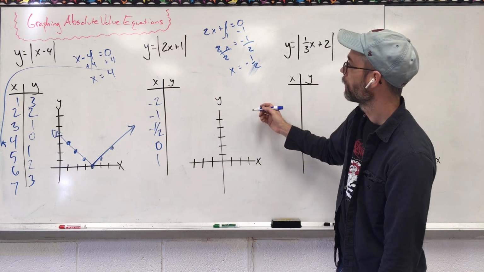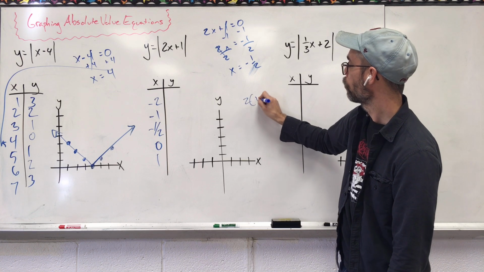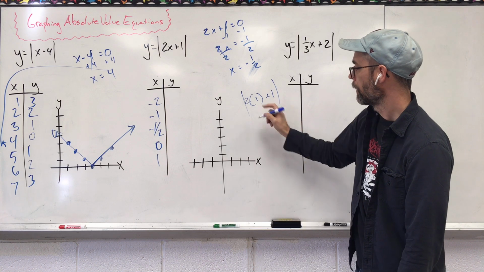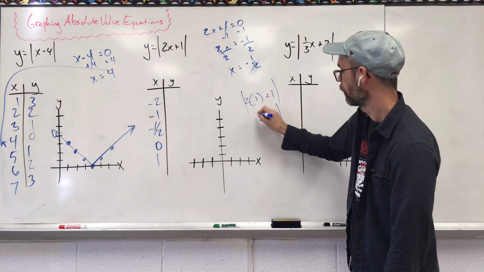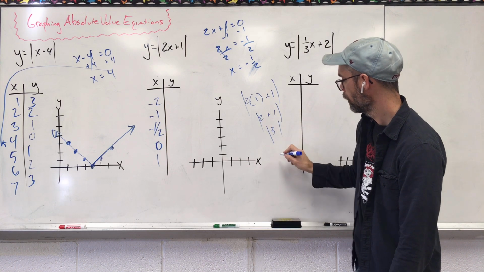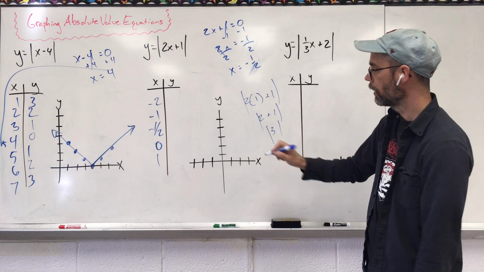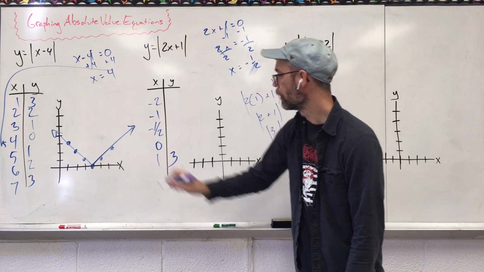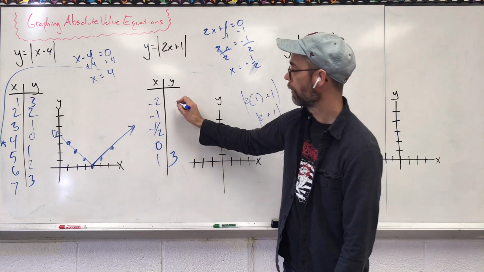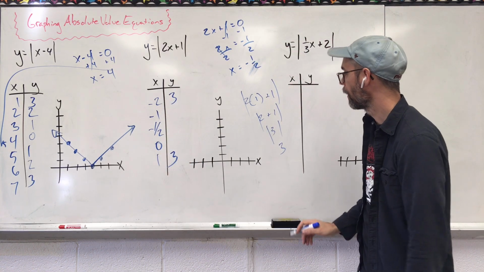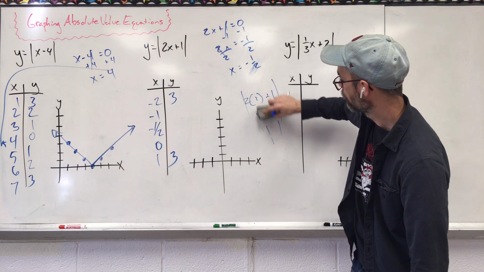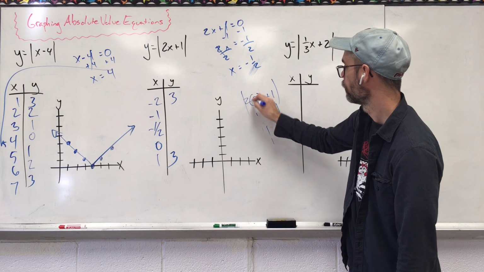We're going to say 2 times 1 plus 1, all in absolute value. That's going to give us 2 plus 1, which is 3. And the absolute value of 3 is just 3. So we plug the 1 in, we get a 3. If you plug a negative 2 in, you're going to get the same thing. So let's do it again. This time, let's put in 0.